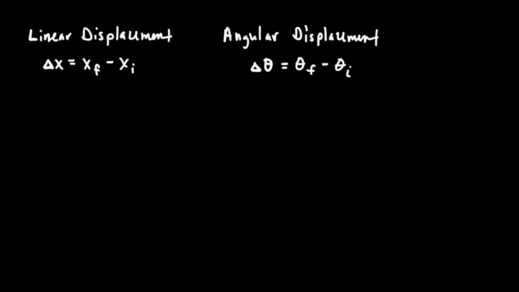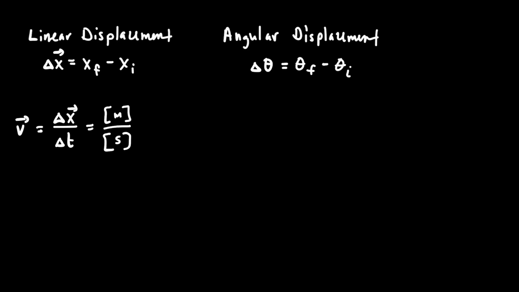And so let's say an object travels through a linear displacement delta x, which is a vector, in a certain amount of time delta t. Then we've said that object has a velocity v, which is a vector. And that velocity is given by the units meters per second.